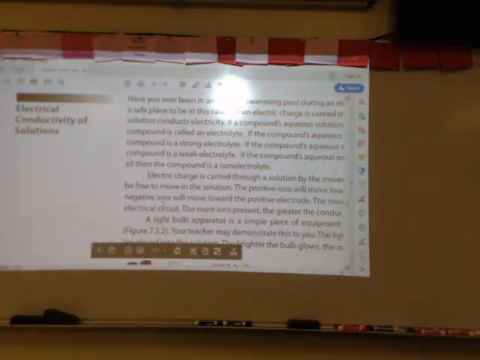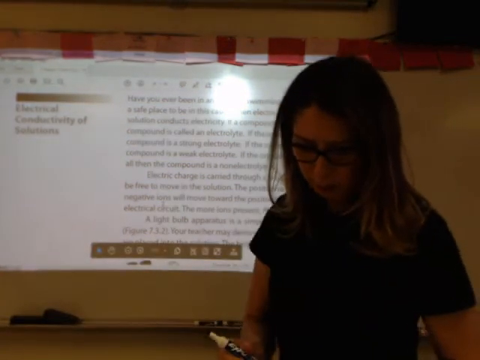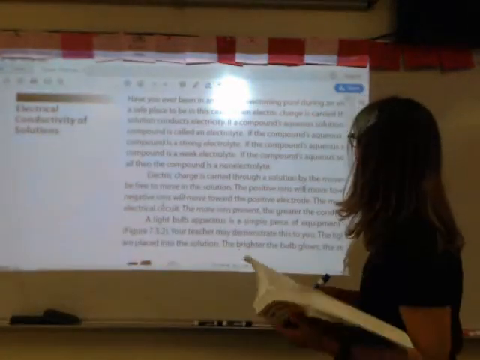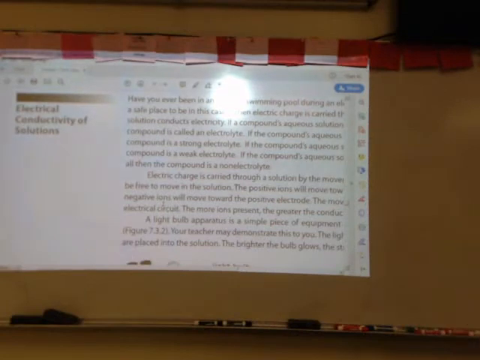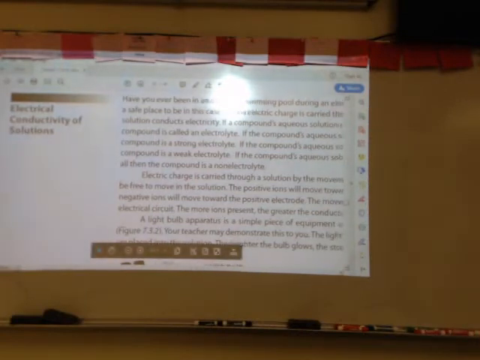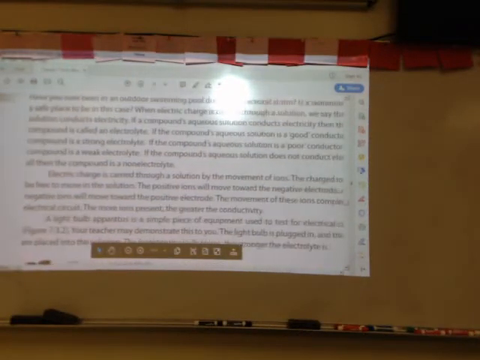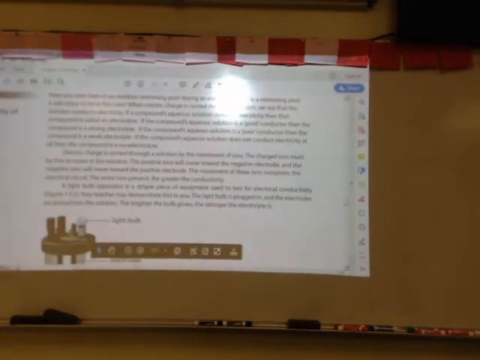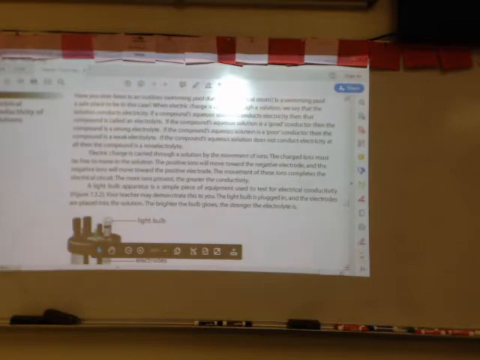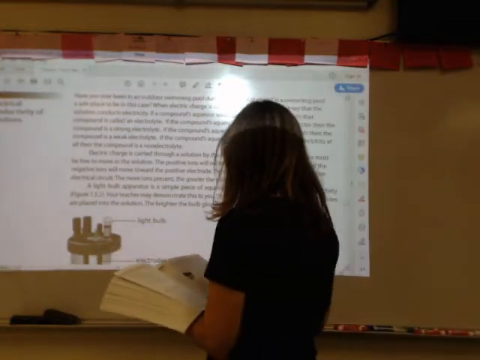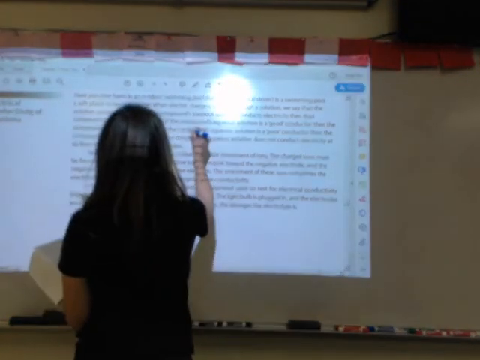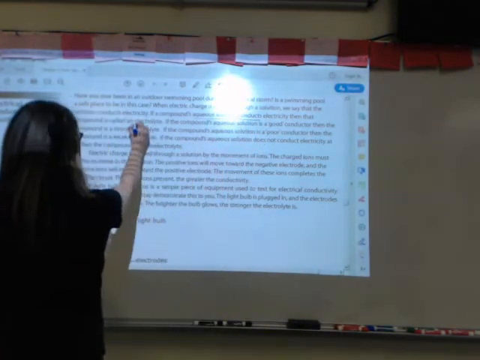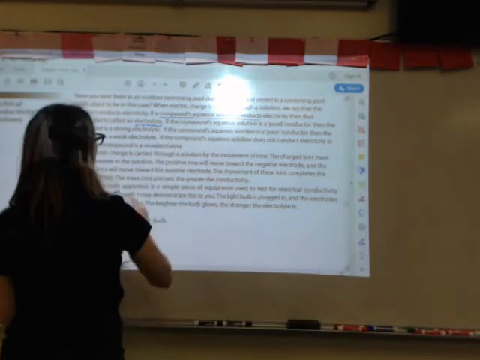Okay, now, when electric charge is carried through a solution, we say that the solution conducts electricity. And if a compound's aqueous solution conducts electricity, we call it an electrolyte.